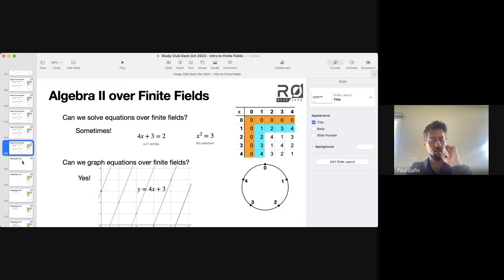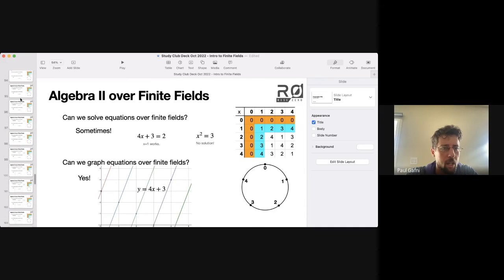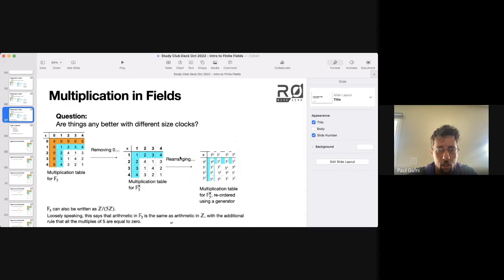Any other questions at the moment? There's a term that I realized I forgot to emphasize when we were talking about generators, so I want to slide back to here. 3, in addition to being called a generator, I might call a fourth root of unity in this context.